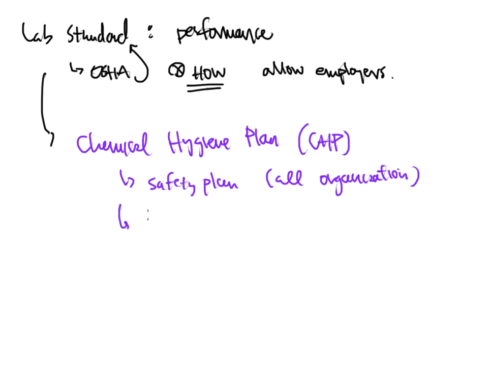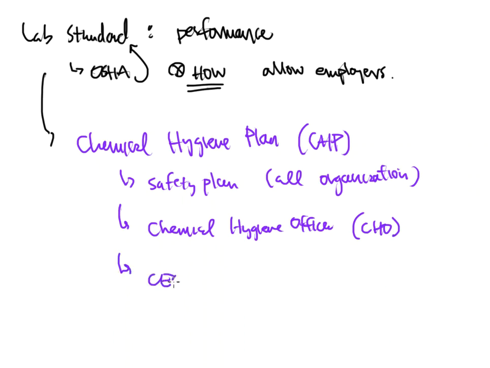The person that writes this is typically called a chemical hygiene officer, and we abbreviate that as a CHO, and the CEO of a company, or really a president of a college, or a department chair, or a principal, someone is held responsible to make sure that these are done.